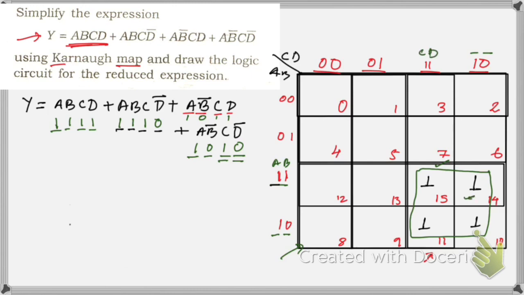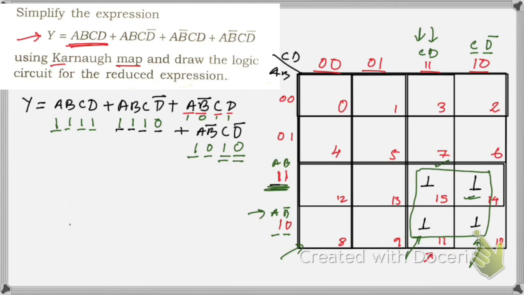And this one represents A B, then C D complement, and this block represents A B complement, then here this one is C and D. Then the last one represents A B complement, then C D complement, right?